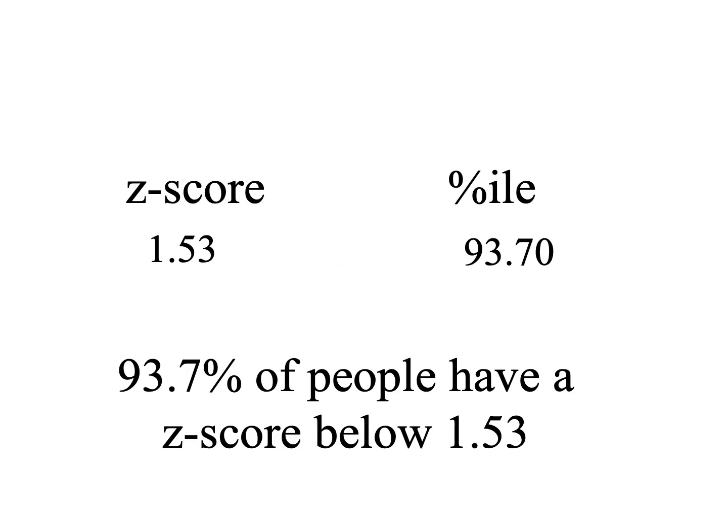So using the table, we now know a z-score of 1.53 is equivalent to a percentile of 93.7%. This tells us that 93.7% of people have a z-score below 1.53, and that's the answer we are looking for.